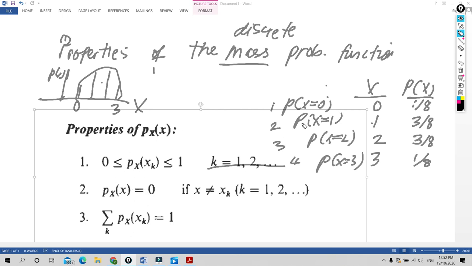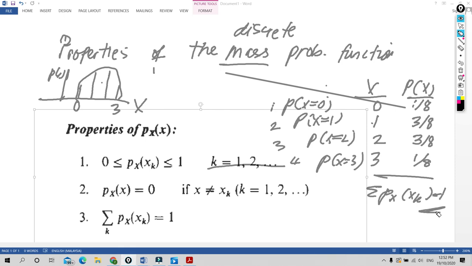And the summation of P_X(x_k), the total here, is equal to 1. If you add all these together, it is equal to 1. These are the properties of a probability function.